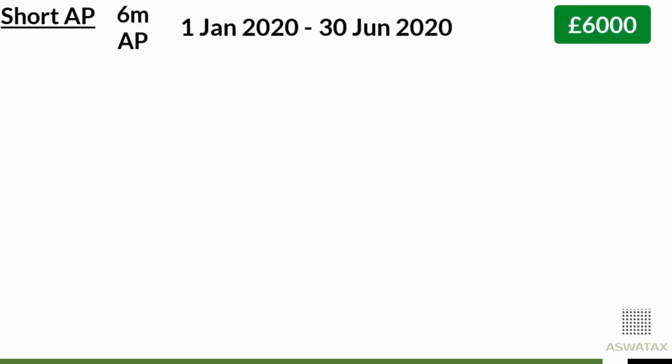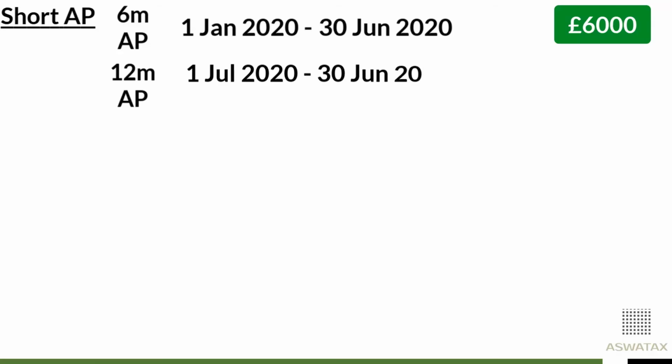Okay, and our profits are £6,000. We have done that for any reason, doesn't really matter. And then we go back to our normal 12 months accounting period, which is from 1st of July 2020 to 30th June 2021. And let's say 12 months of profits, right?